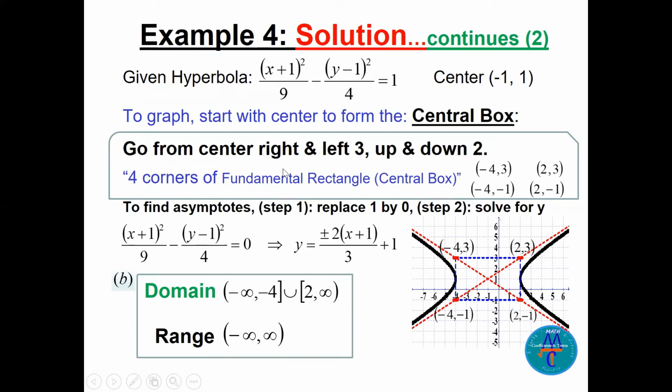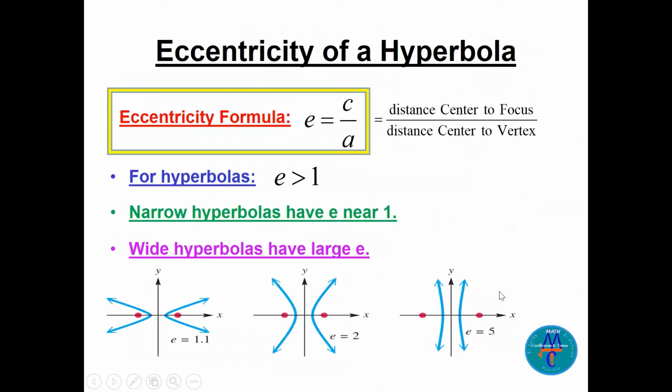So we start here. From the center, we go right and left 3, up and down 2. So we have to find the asymptotes, replace 1 by 0, solve for y. Now the domain will be minus infinity to minus 4, see this point here, union 2 to infinity, and the range is all real numbers.